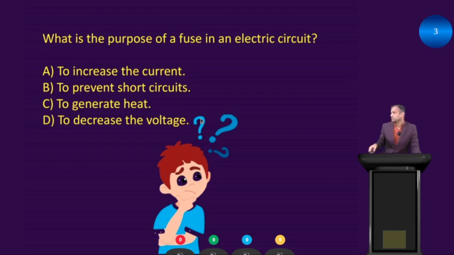Students, your time is getting over. So finally it is over. Yes, the correct answer is to prevent short circuits. So the purpose of a fuse in an electrical circuit is to prevent short circuits.